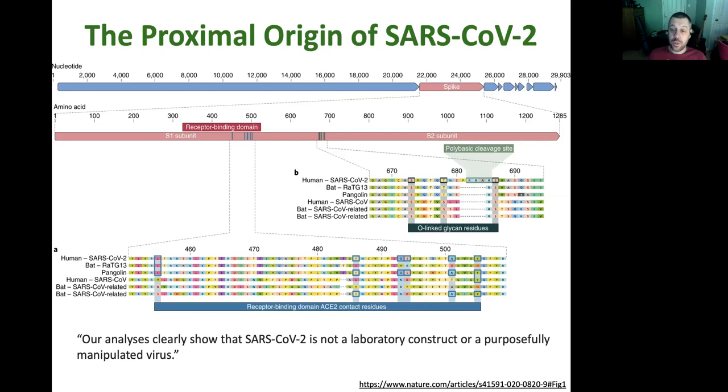And what this paper, which was just published in Nature, concludes, said at the bottom here, is that analyses clearly show that the current virus, CoV-2, is not a laboratory construct or a purposely manipulated virus. How do they know that?